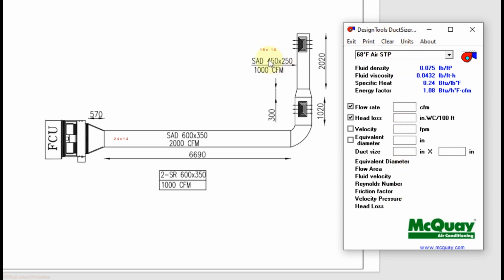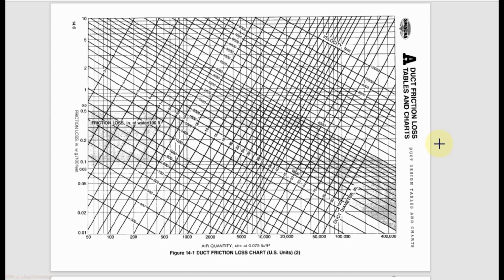Then for 18 by 10 inch, 1000 CFM, you can see here the head loss is 0.08 water gauge per 100 feet. We can also find the pressure drop for the duct using the duct friction loss chart from SMACNA, and we will do this exercise at the end of this video.